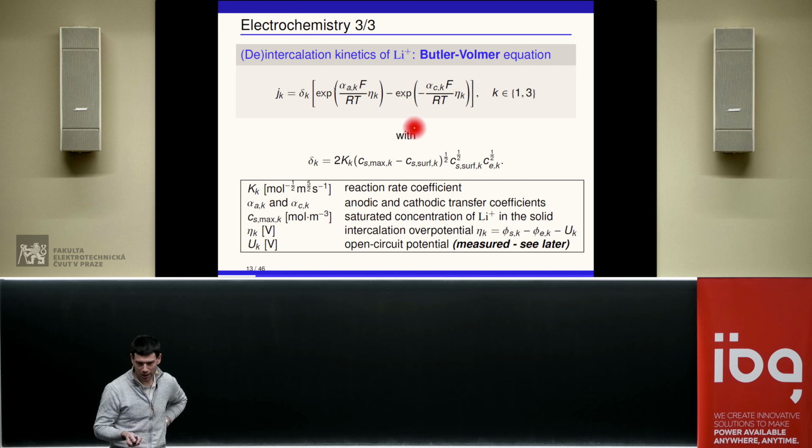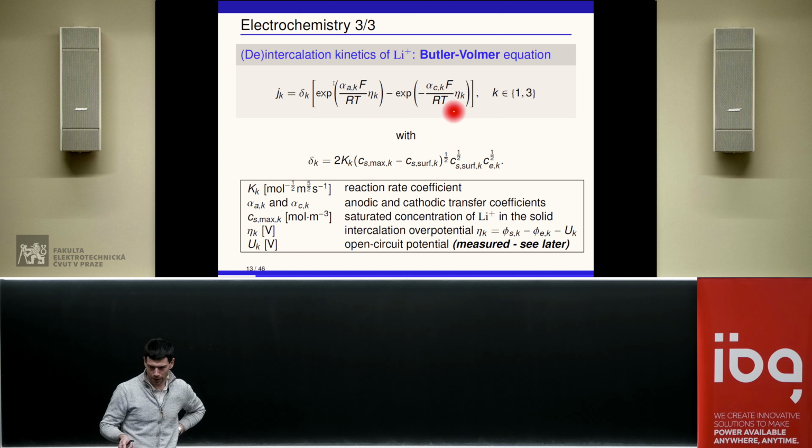And this is the Butler-Volmer equation that describes the fluxes at the interfaces of the solid and the electrolyte. This is an exponential formula, in which in our model the anodic and cathodic transfer coefficients are considered equal. So this expression is simplified a little bit, which is important in the numerics later on.